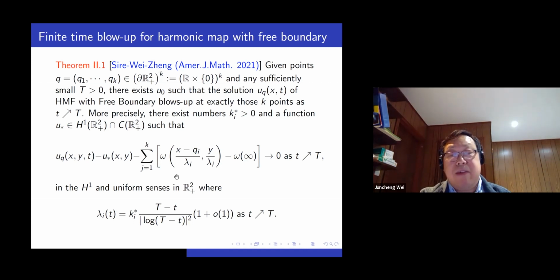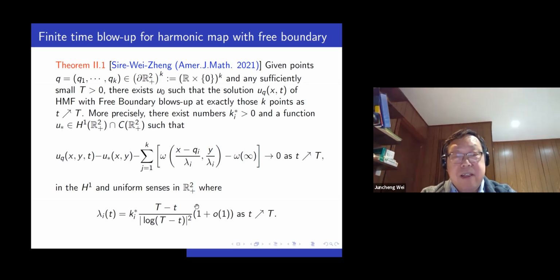So this will have a finite time blowup, and the blowup rate is exactly like the two-dimensional case. It's t minus t over log squared. And in fact, we use the same outer gluing as in the harmonic map to construct this harmonic map with the boundary. So this is really like a two-dimensional harmonic map, even though it's a half-harmonic map.